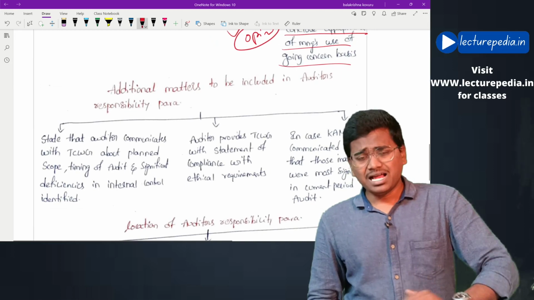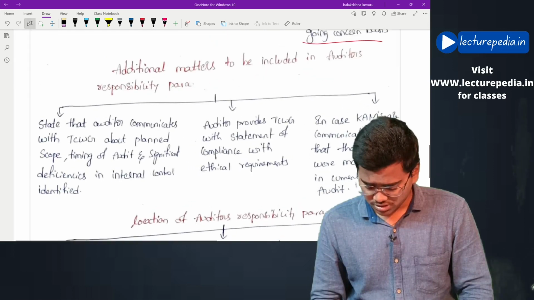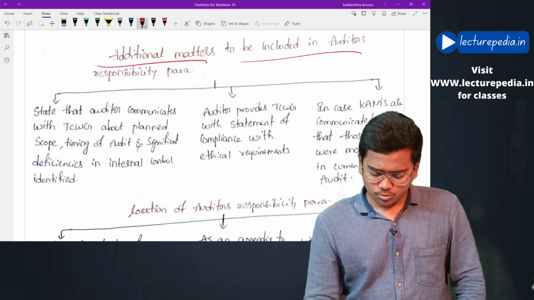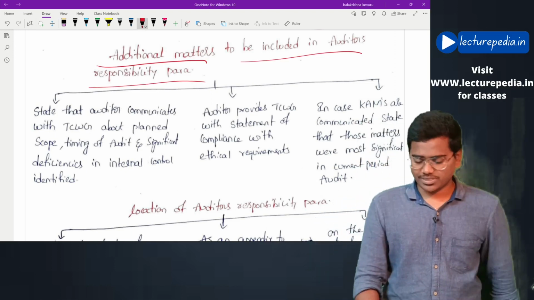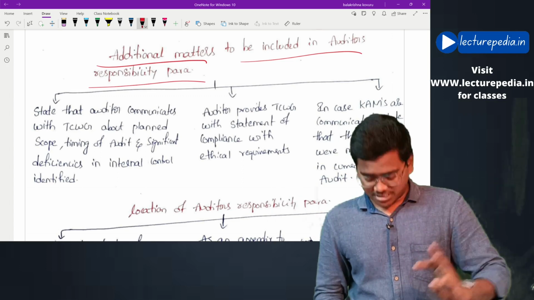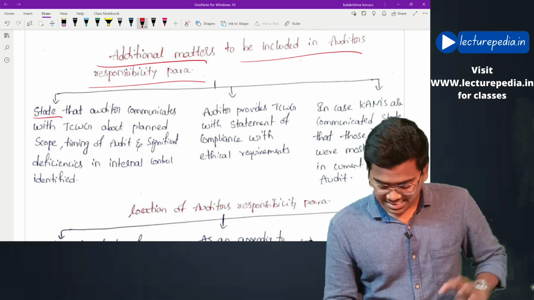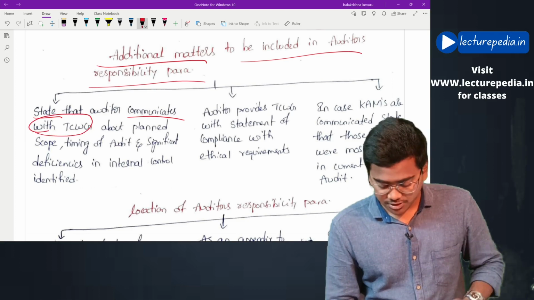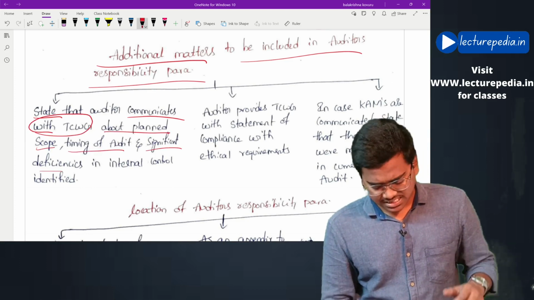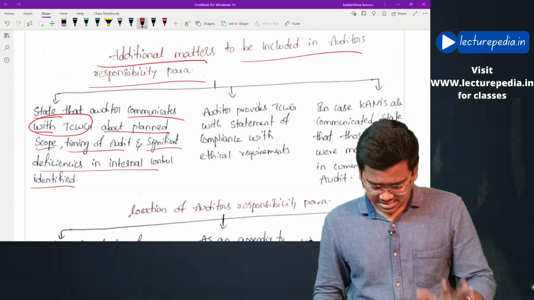Next, there are some additional responsibilities. What are those additional responsibilities? Okay, additional matters to be included in auditor's responsibility paragraph. There are 3 additional matters that have to be included. First one, auditor has to state that auditor communicates with those charged with governance about planned scope, timing of audit, and significant deficiencies in the internal control.